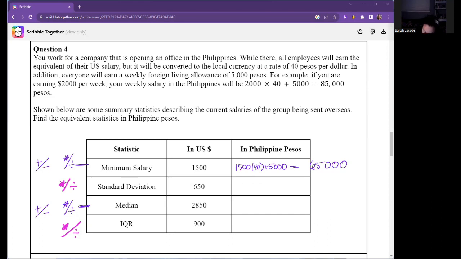And then for standard deviation, we're just going to multiply it by the 40. So 650 times 40, that's going to be 26,000. Just counting my zeros there. So same deal. You'll do all the steps for the median, and you'll just multiply 900 by 40 for the IQR.